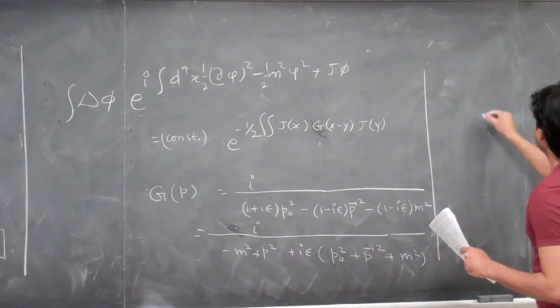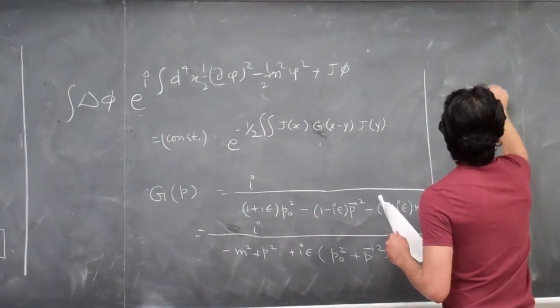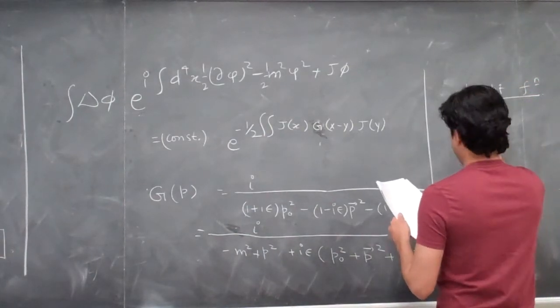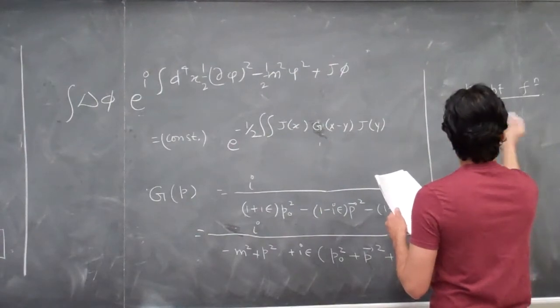Okay, there's no interaction, so nothing is happening. So I want to calculate the following. So I want to calculate n-point functions for this case. And so how do I calculate n-point functions?